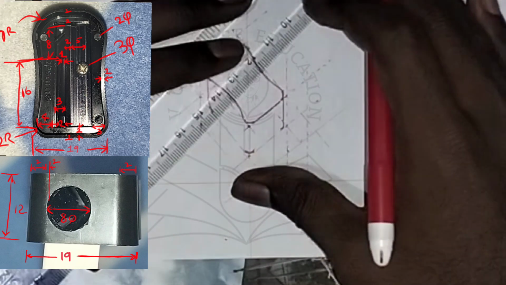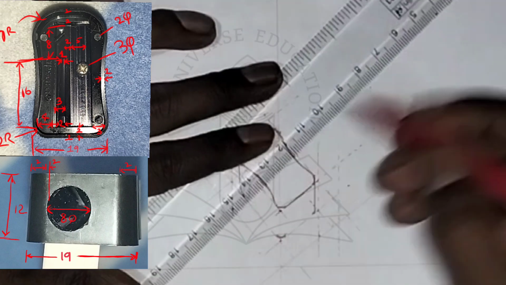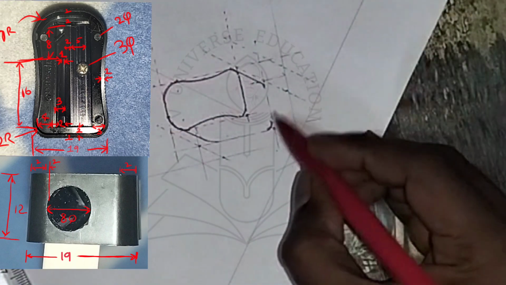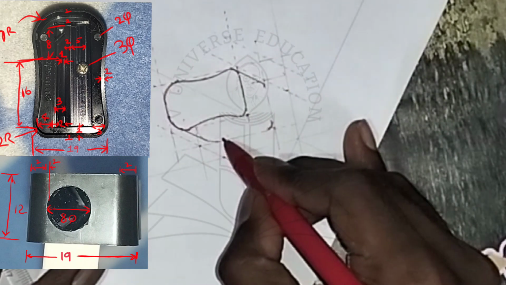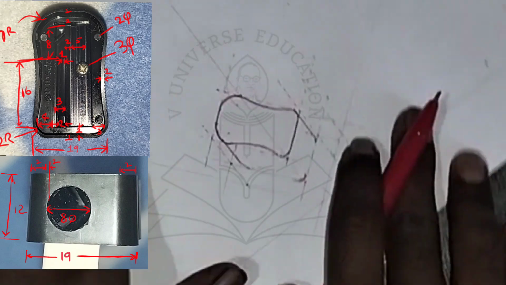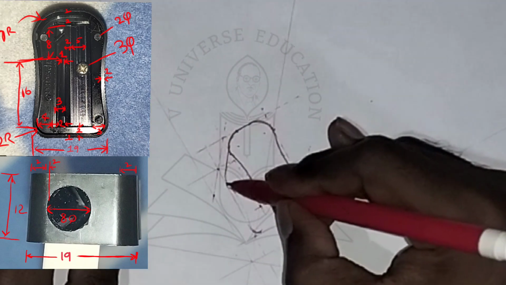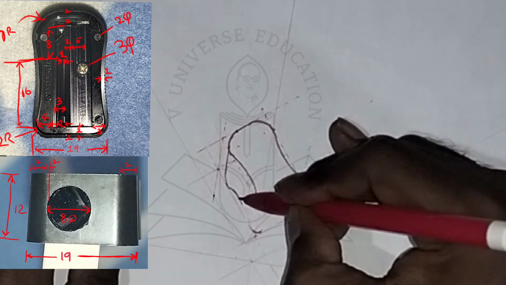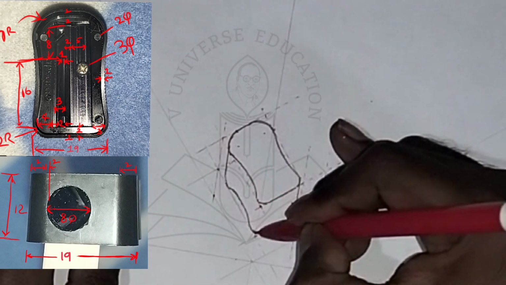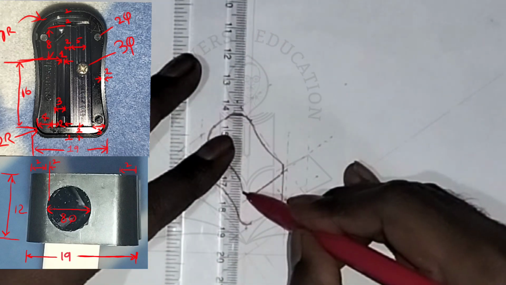The left side top edge line is not a straight line, it is a curve 1 mm inside. Similarly, for the bottom also, the bottom edge line for the left side and right side is an arc 1 mm inside the object, which is previously drawn in the top edge.